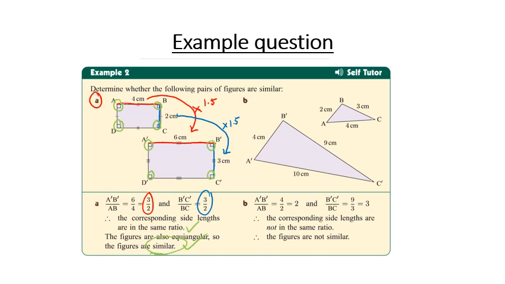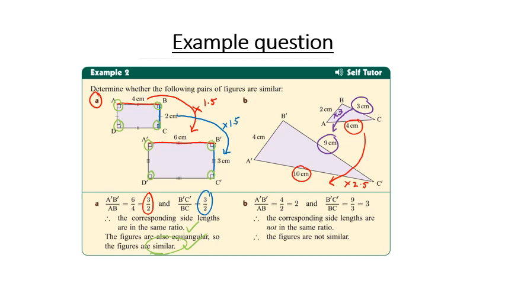In our second example, we're going to look at some of the ratios of the side lengths. So our first one here, on the bottom, we've got a 4 and a 10. So we've actually multiplied 4 by 2.5. We've got a 3 and a 9, and we've multiplied that by 3.